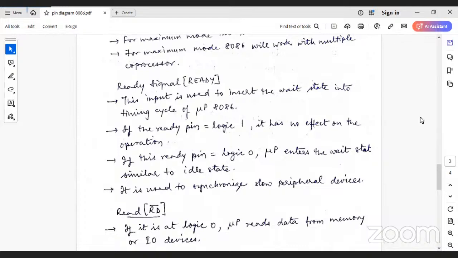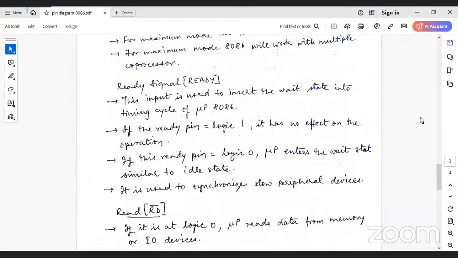In such a situation, the mismatch of the functioning or the cycles within the processor should not take place. To avoid that mismatching, it will insert a wait state so that the peripheral which is slow will be able to cope up with your processor. That is why the wait state will be inserted into the microprocessor. So the input is used to insert the wait state into the timing cycle of the processor.